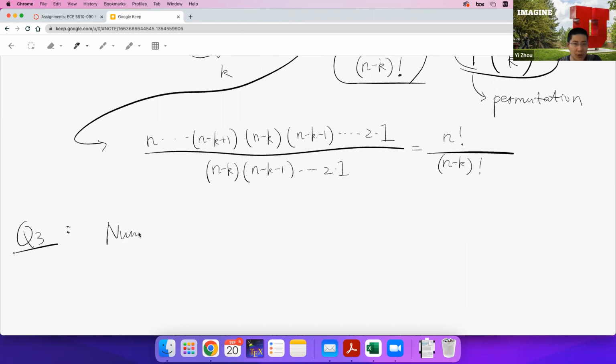So the number of sets of K objects out of N objects without replacement.